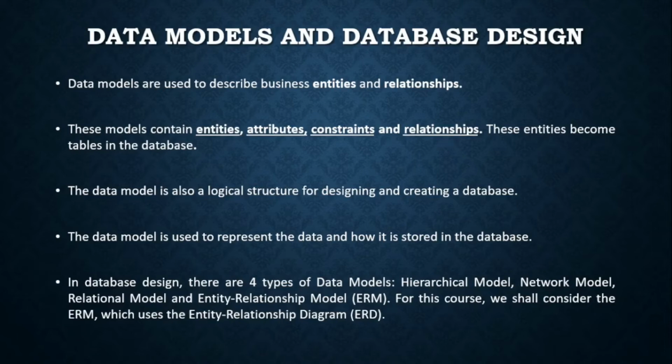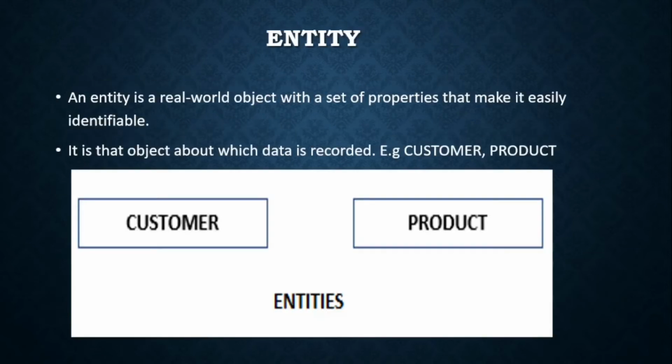The entity relationship model uses the entity relationship diagram. This is a commonly used data model for database design. Now let's look at the entity in details. An entity is simply a real-world object with a set of properties that makes it easily identifiable.